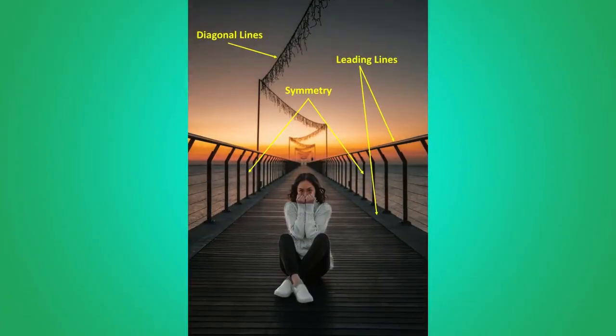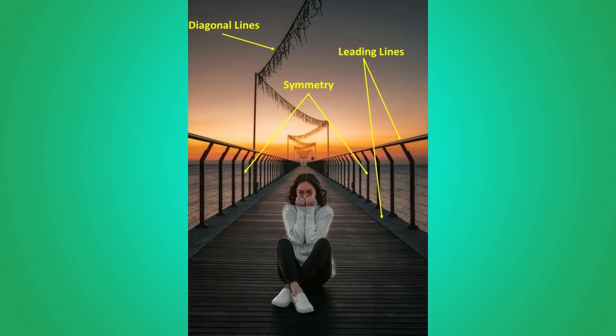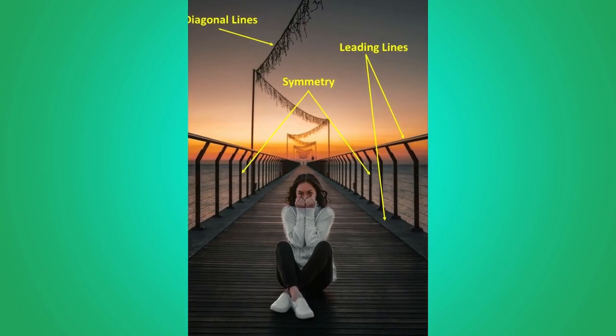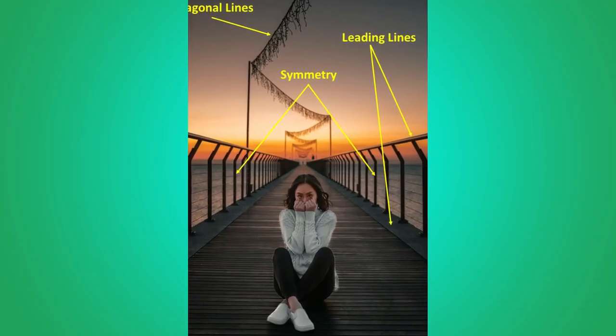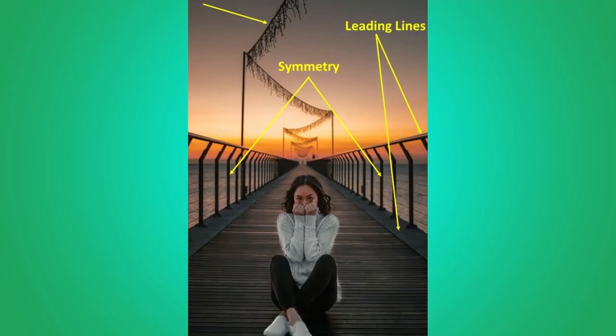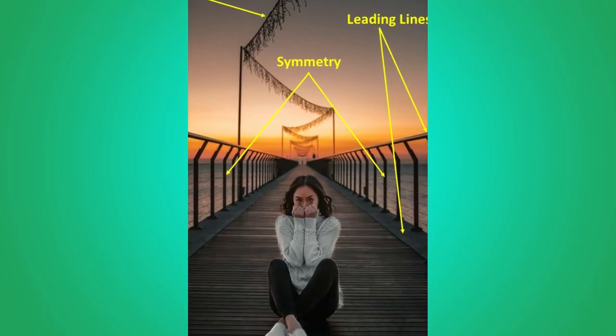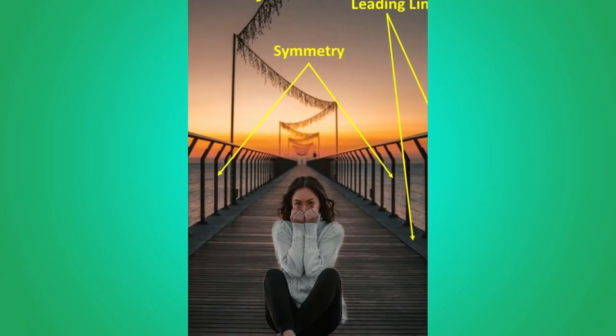Then we have symmetry. Besides the fact that it acts as leading lines, it also does something else in our composition. It's creating balance, which is also very important to create within our composition. The symmetry gives us depth.